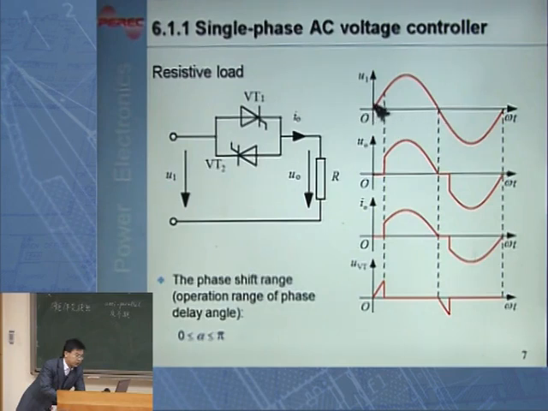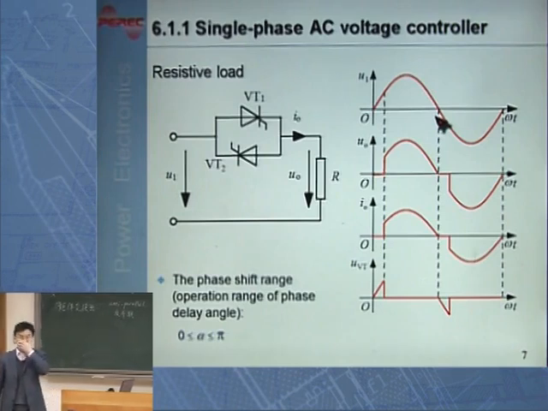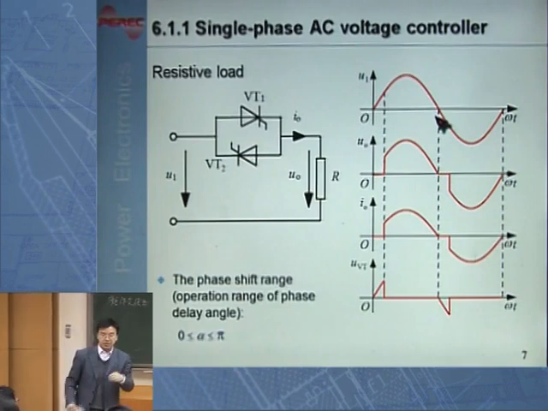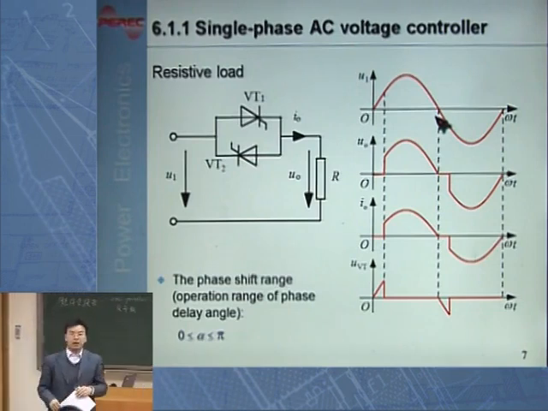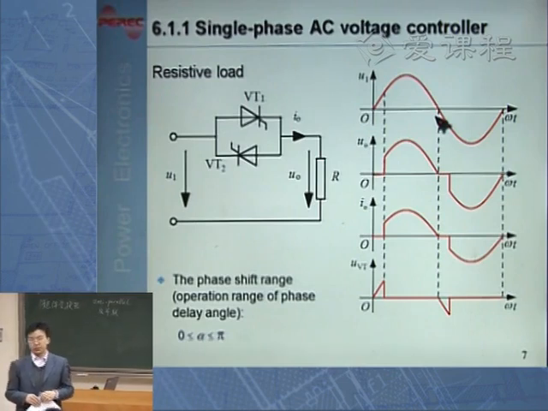For VT1, we will be counting from this point. For VT2, we'll be counting from this point. And we have a special name for those two points. What special name is that? The time instance when triggering delay angle alpha is 0.